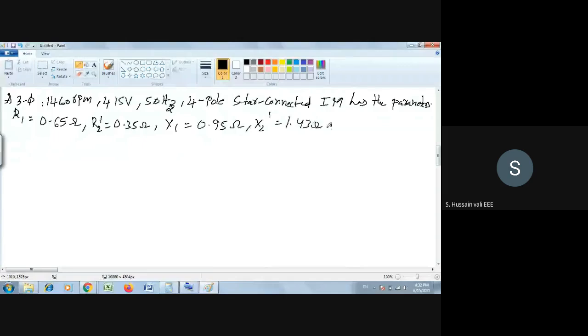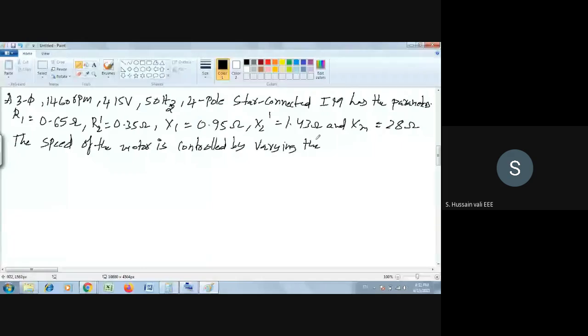And then the speed of the motor is controlled by varying stator voltage and frequency.